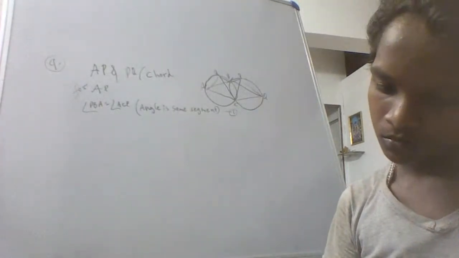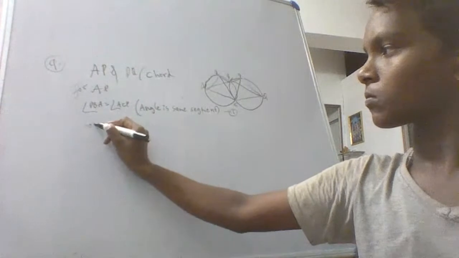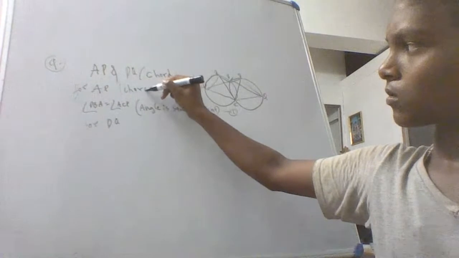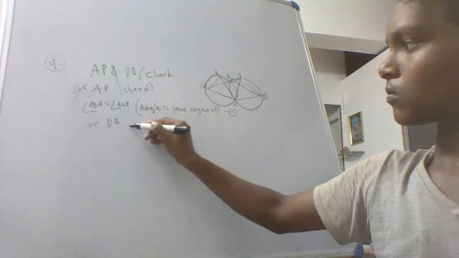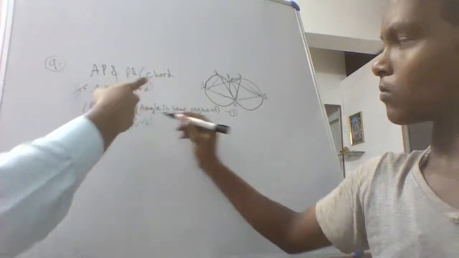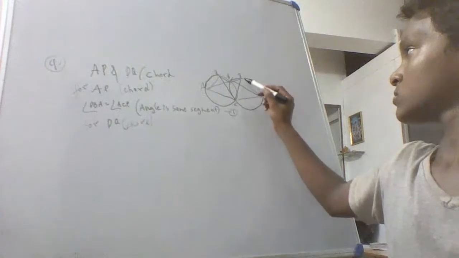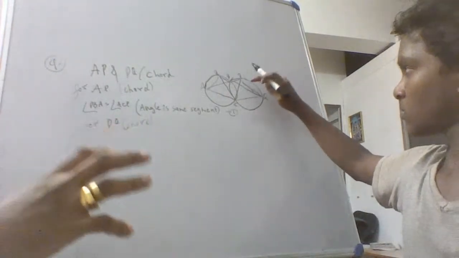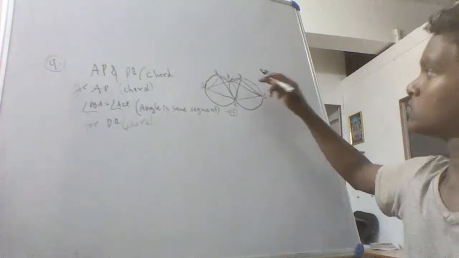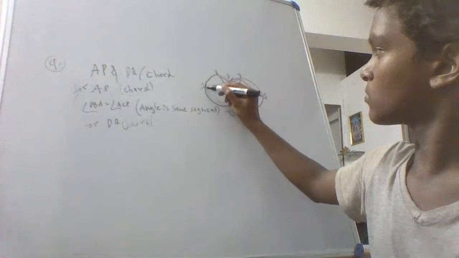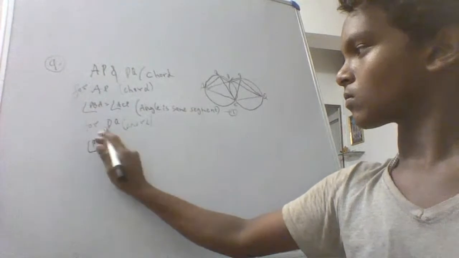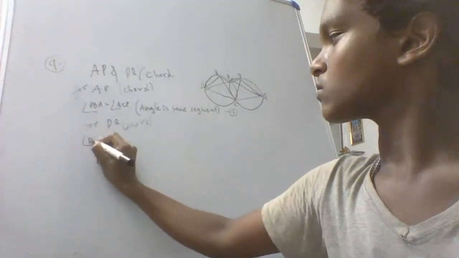Now, for chord DQ, yes, this is chord DQ. Please show in the diagram what DQ is. Yes, that is DQ. I hope you understood that clearly. Now angle DBQ is equal to angle QCD.